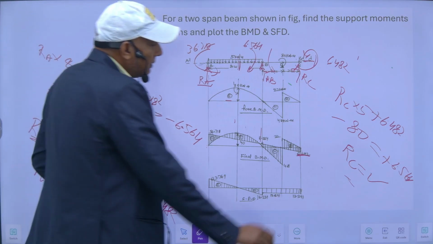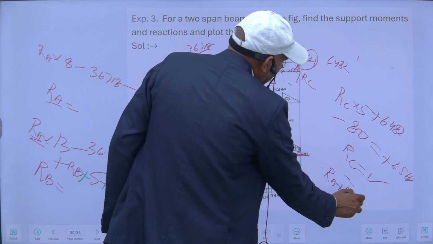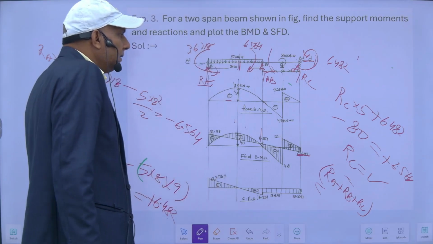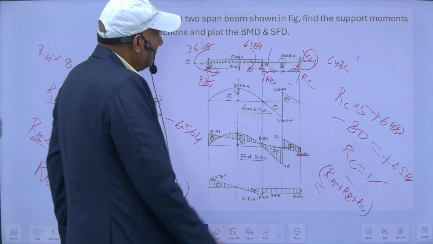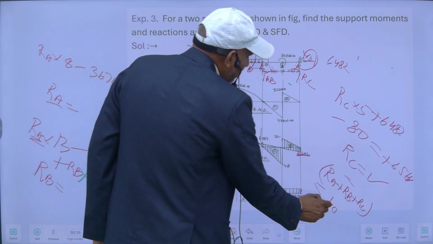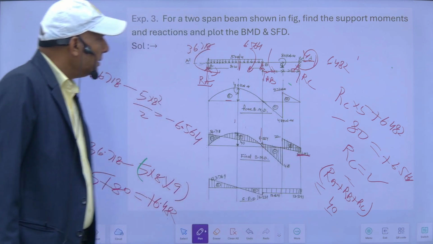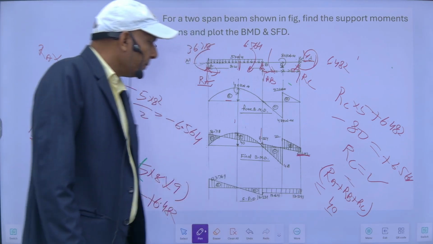The sum of RA plus RB plus RC should be equal to the total vertically downward load, and this is 5 into 8, which means 40 kilonewton. So the sum of these three reactions should be equal to the vertically downward load. This is 5 into 8, 40.